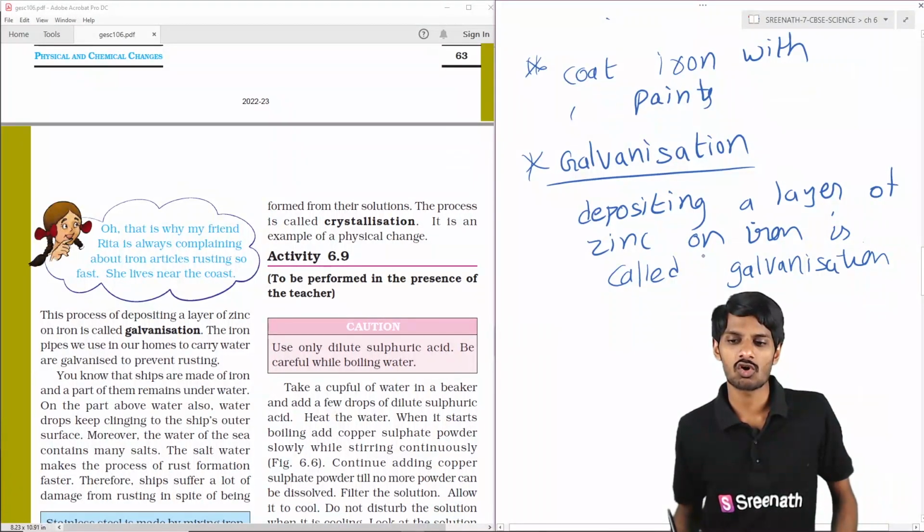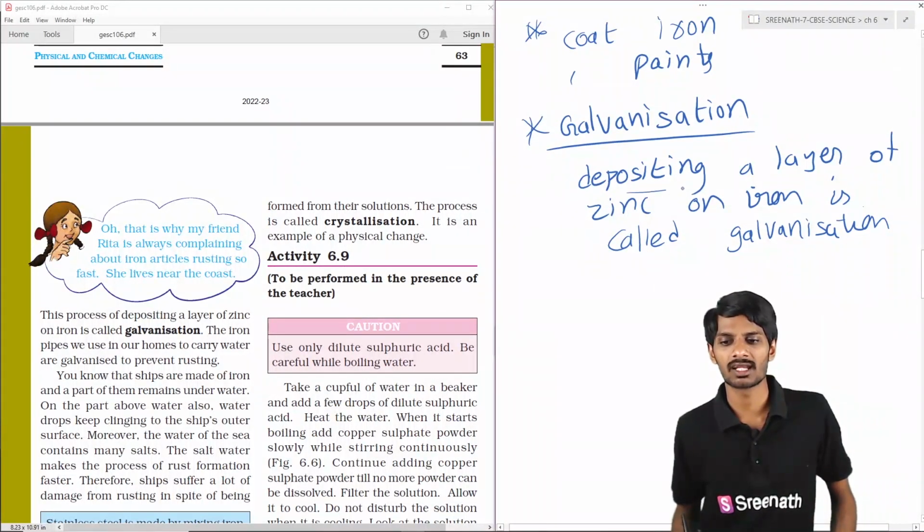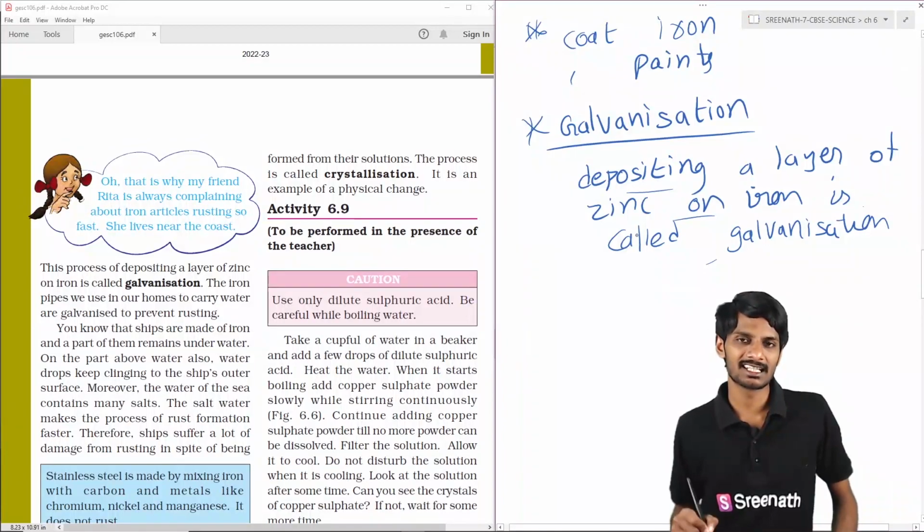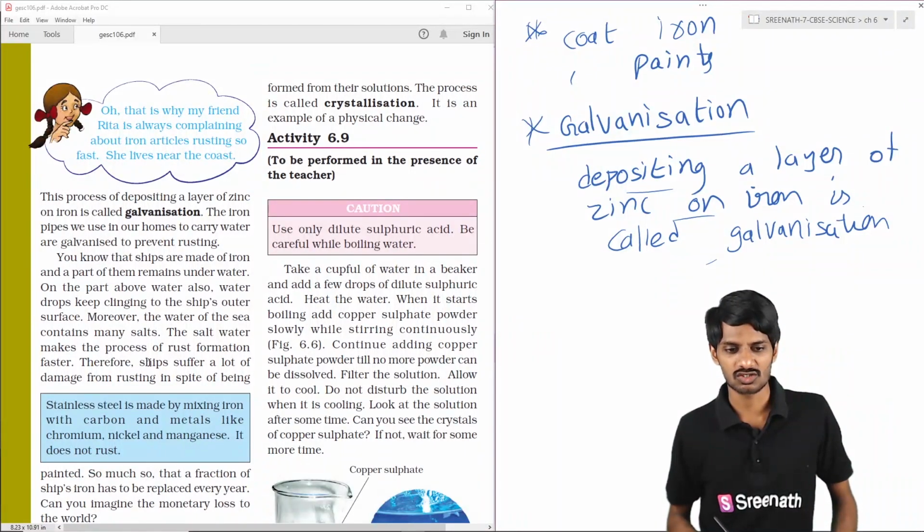In order to prevent rusting, we deposit a layer of zinc. That is the galvanization process, students.